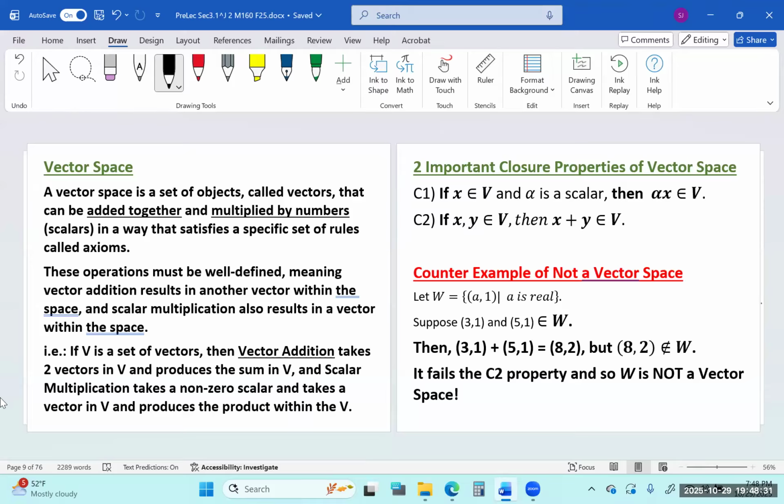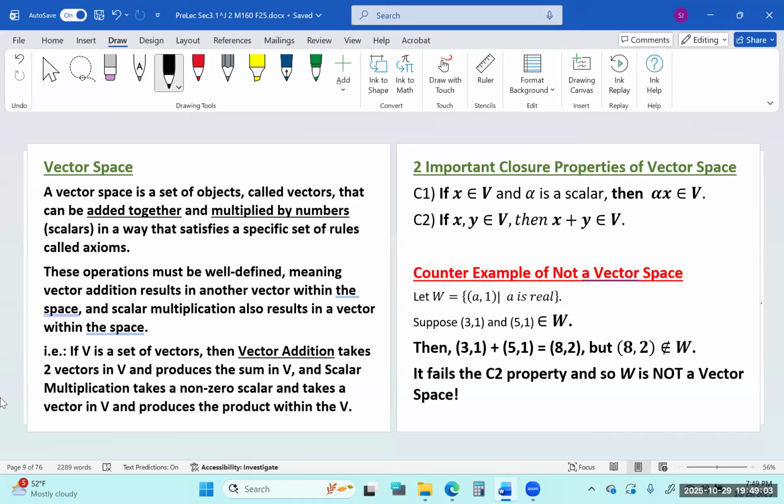And one example of not a vector space is a set where the first element could be any number and the second element has to be 1. So is this set a vector space of R2? If you take two vectors from this set, let's say the first number is 3 and the second number is 1, and the second vector has the first number 5 and the second element 1.